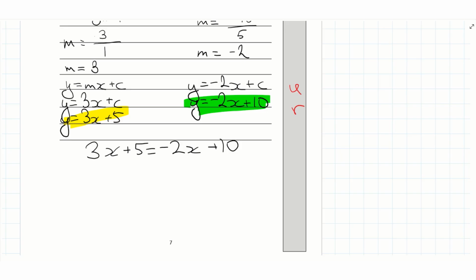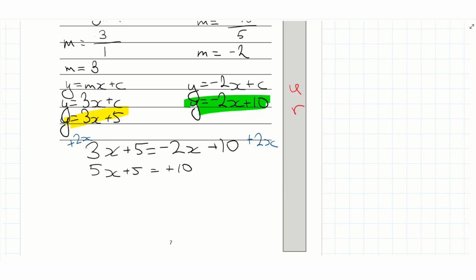Now I want to solve for x. So I'm going to decrease the number of terms with the x variable in it. On both sides, I am going to add 2x. I'm going to come out with 5x on this side and plus 10 over here.